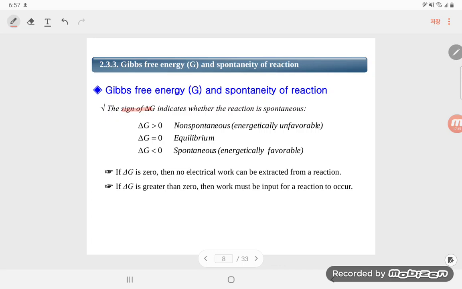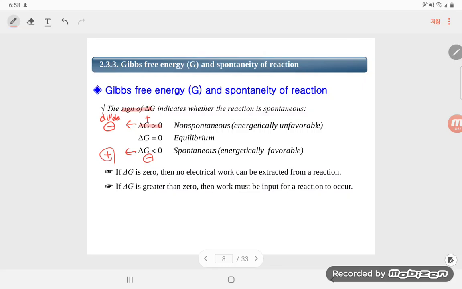So if we have the plus sign for the Gibbs free energy change, then the electrical work has the minus sign, and if the Gibbs free energy change has a minus sign, then the electrical work is plus.